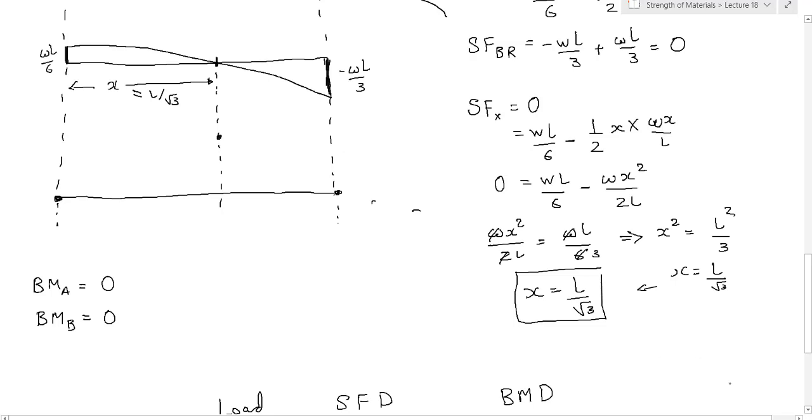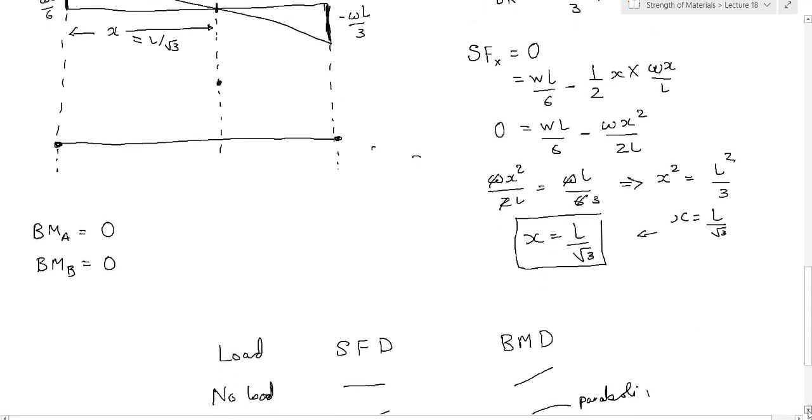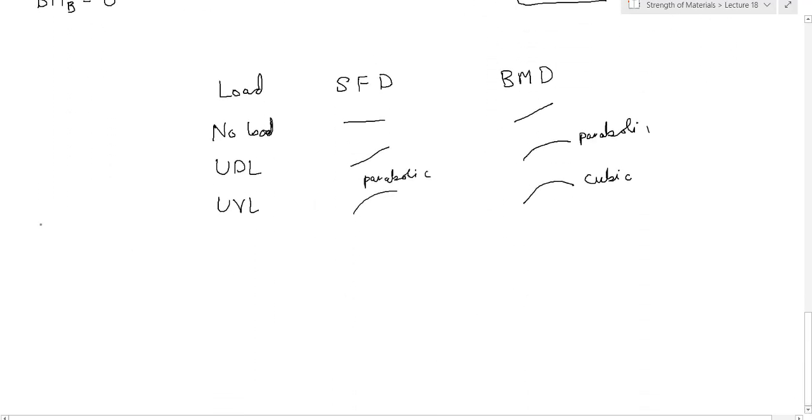We can calculate like this. So let us say bending moment at X is equal to what? WL by 6 into X, which is positive because it is sagging, minus what is the force? Half into base. Base is X into height.